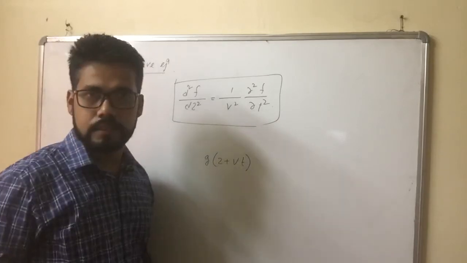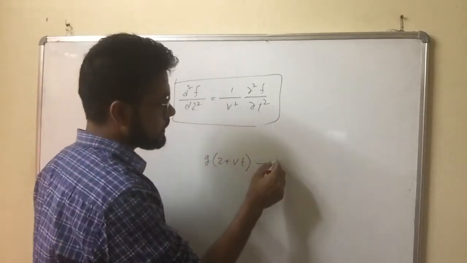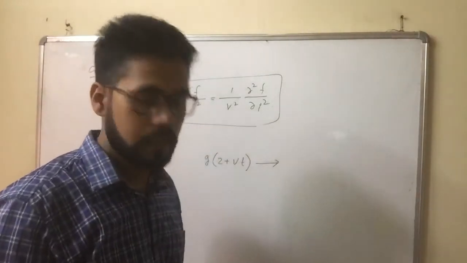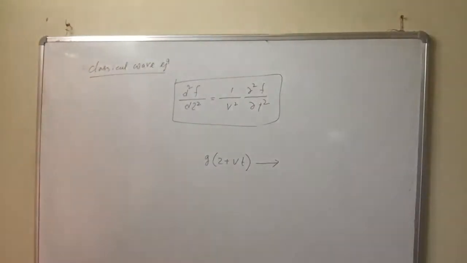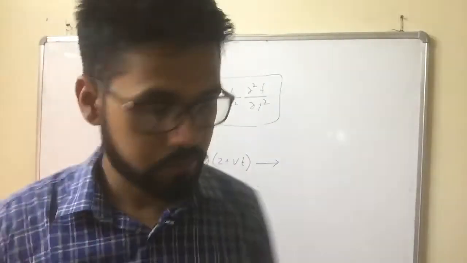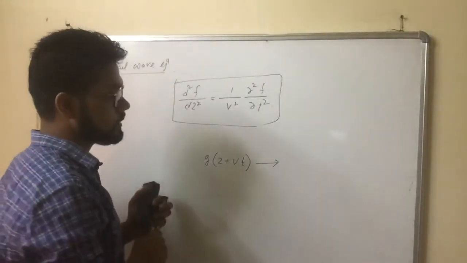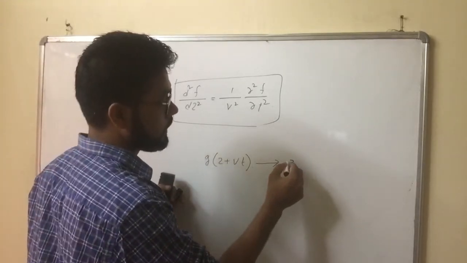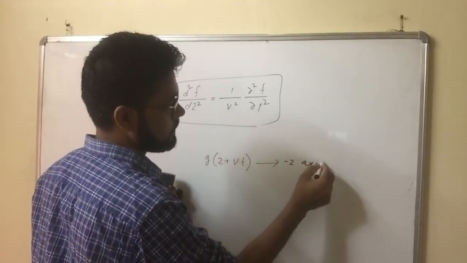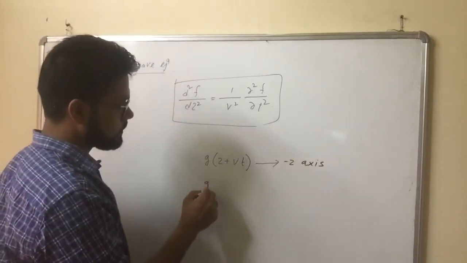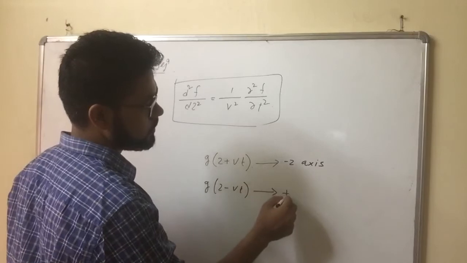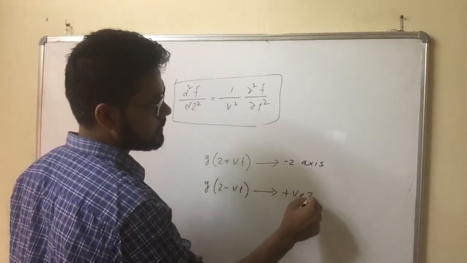This is in one dimension, and this is one of the solutions of this equation. This solution means the wave is traveling along the minus z axis. Another solution is a function of z minus vt, which means it travels along the positive z direction.